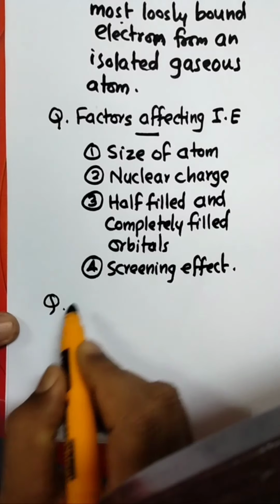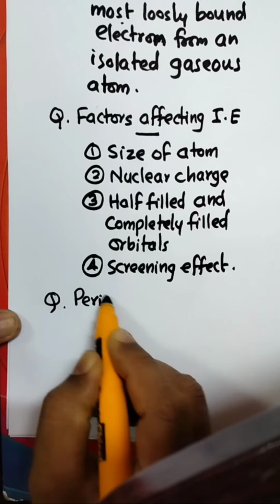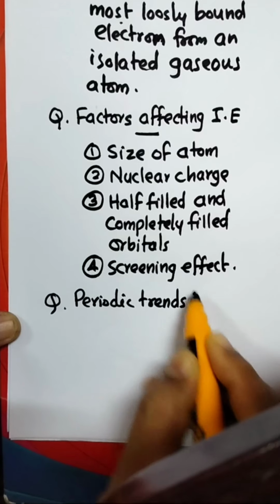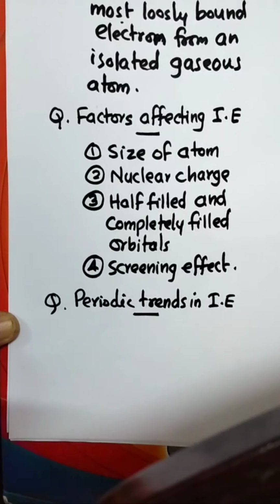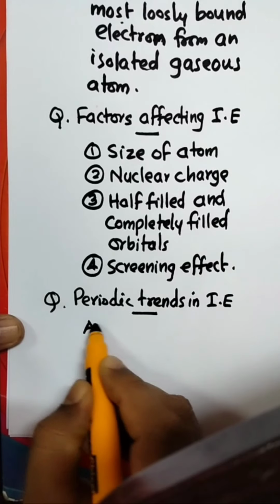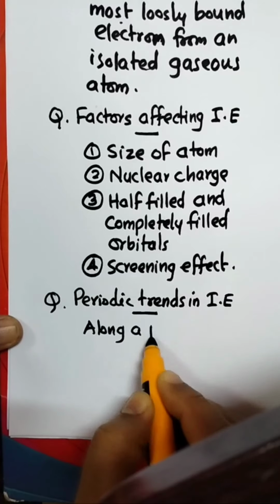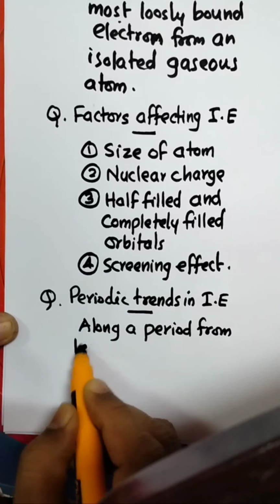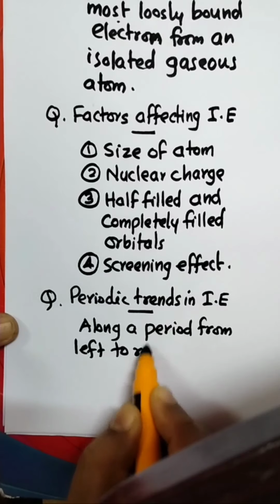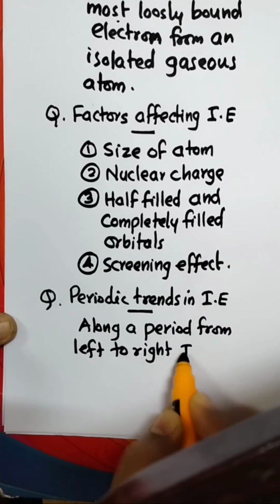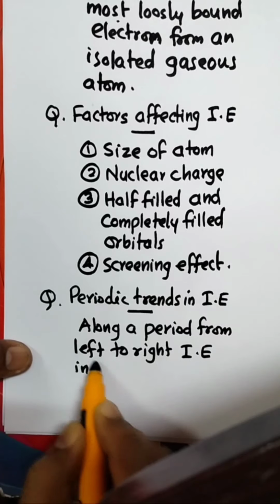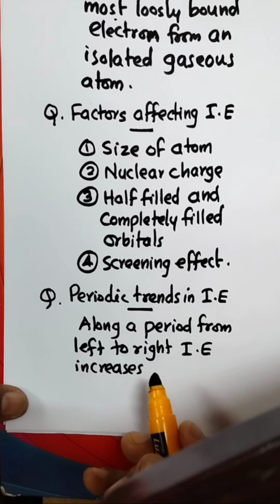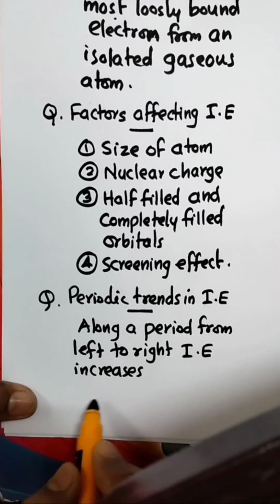Next question, periodic trends in ionization enthalpy. Along a period, from left to right, ionization enthalpy increases.